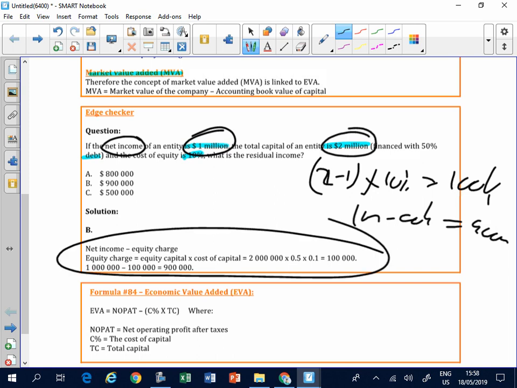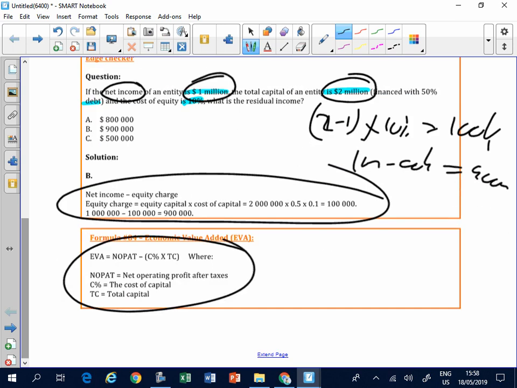There's an equity charge to the net income. There's a capital charge to the net operating income after tax. Here's the EVA. EVA is equal to NOPLAT, or net operating profit or loss after tax, minus the capital charge times the total capital. So that'll be your equity plus your debt.